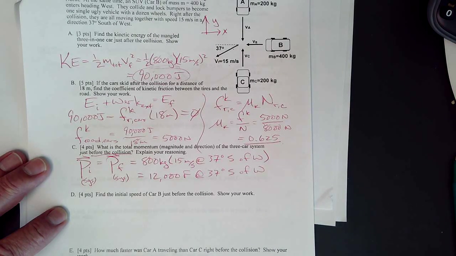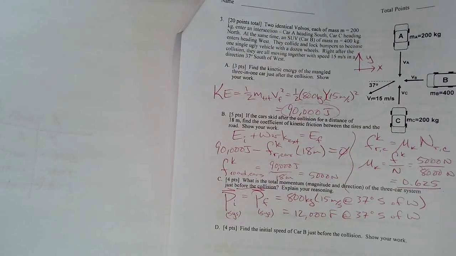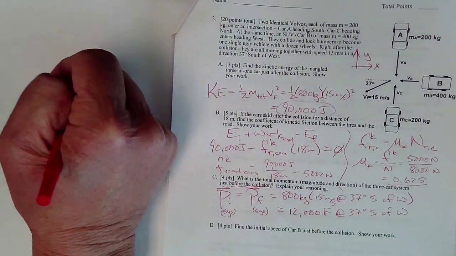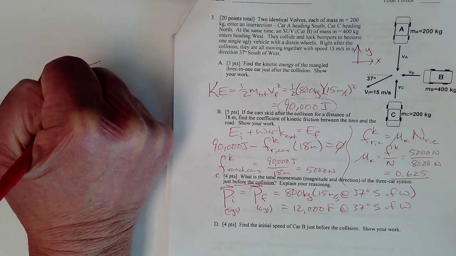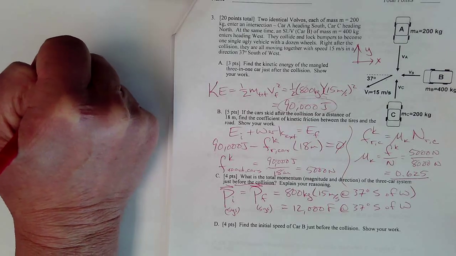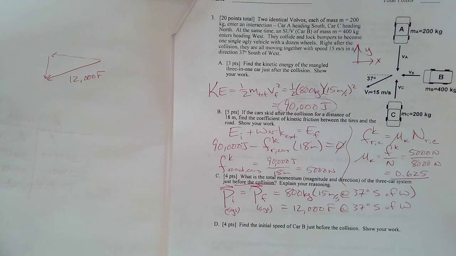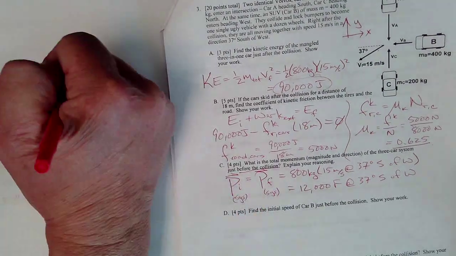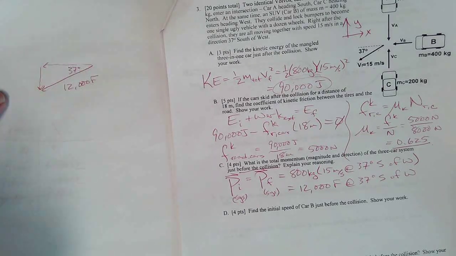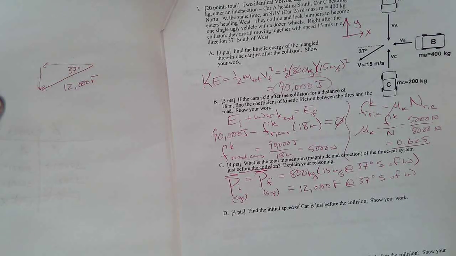Now, if I take that, I'm going to move over here. If I take that 12,000 kg·m/s and I break it up into its x part and its y part, if that's 37 degrees, then what I have is a 3, 4, 5 triangle.